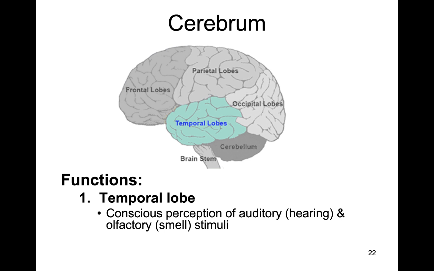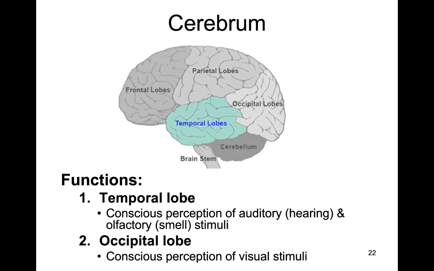And then we have the temporal lobe. This is where your ears are. Not surprisingly, this is going to deal with the information that's coming from your hearing. That's called audition. So this is the conscious perception of auditory information. And another information it's dealing with is the olfactory, or the smell information.